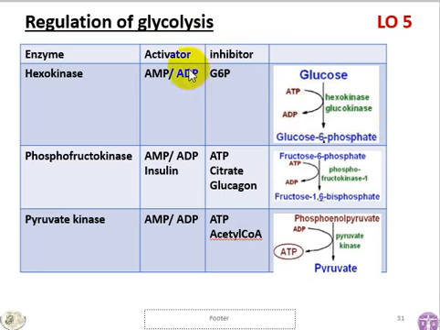The activator of this enzyme is AMP, while the inhibitor is glucose 6-phosphate. This means that when there is a high amount of glucose 6-phosphate, it will stop the activity of this enzyme, and then it will stop the conversion of glucose to glucose 6-phosphate.